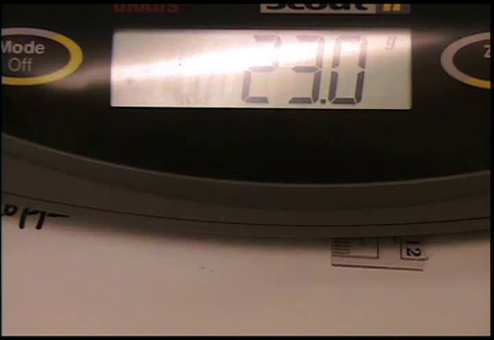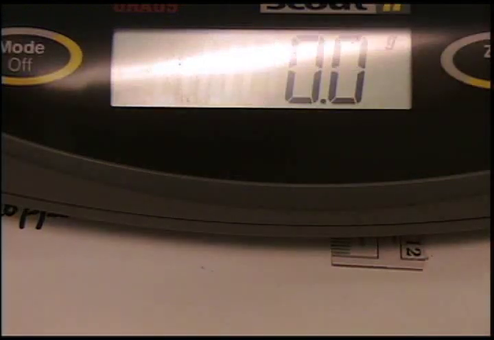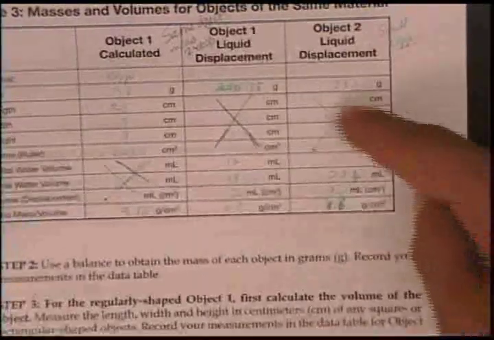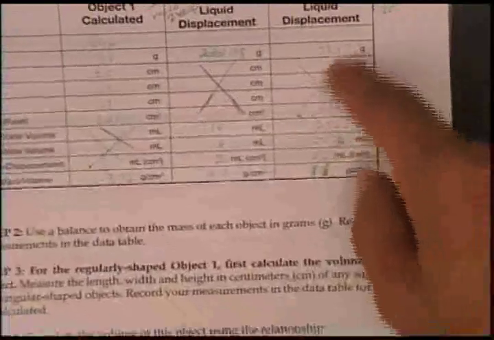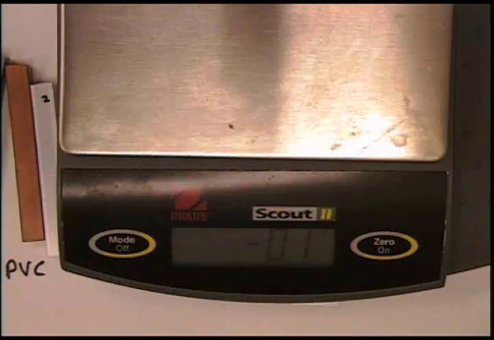So record that. Object to liquid displacement, mass 23.0 grams. Now, again in your book, you're going to X out the length times width times height because we're not doing that. We're finding volume by liquid displacement this time.